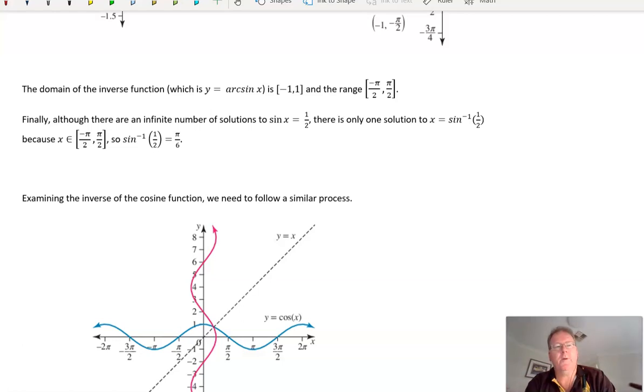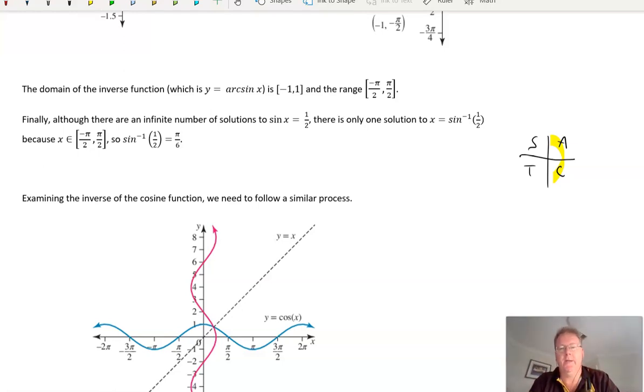Okay, this brings us back to recalling the CAST rule. And the CAST rule from minus pi on 2 to pi on 2 is obviously this section here. And 1/2 is a positive value, and it's only that value in the first quadrant, in the A quadrant. Therefore, the value of sine to the minus 1 of 1/2 is pi on 6.